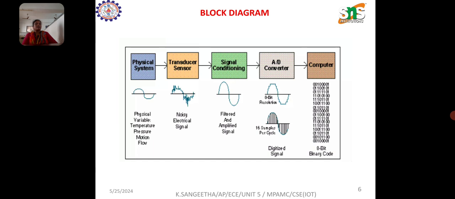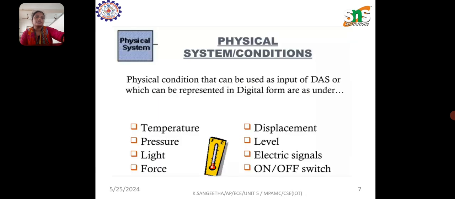The next stage is analog to digital conversion. The conditioned analog signals are converted into digital data by the ADC. And the next one is the computer: the digital data is transferred to a computer or microcontroller for further processing. So data processing and analysis is the last stage. In this stage the data are analyzed and visualized using software.